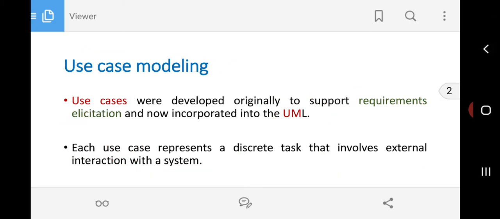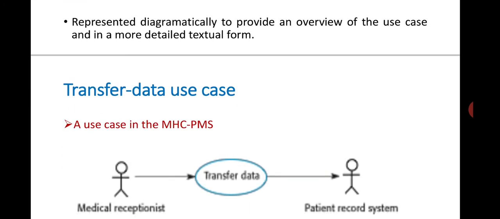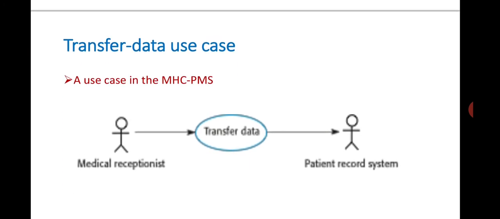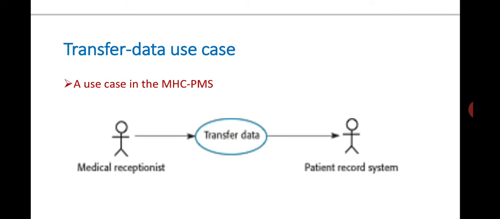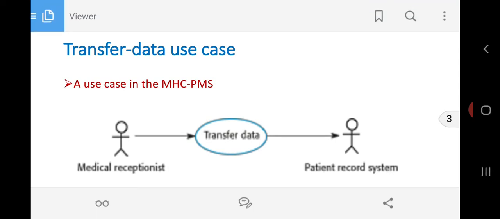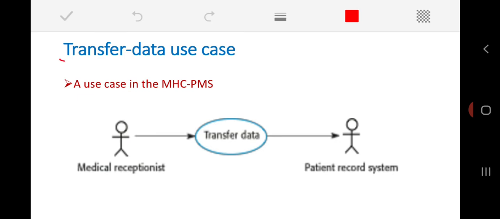That kind of representation is known as use case modeling. So just have a look at one simple example that we have taken for the use case here. Our use case is Transfer data. Transferring the data in MSC-PMS, the mental health clinic patient management software.